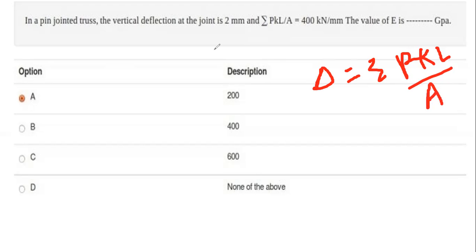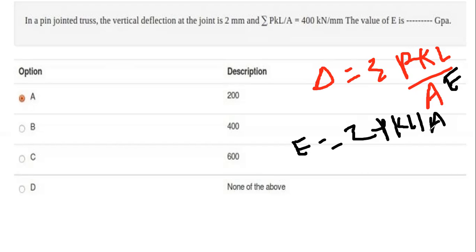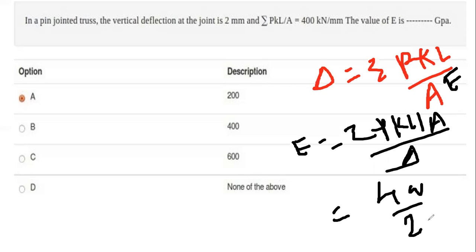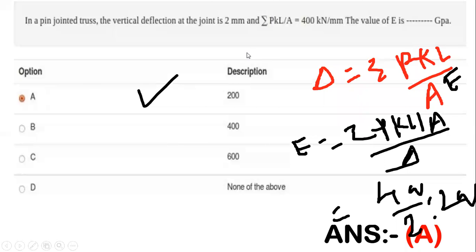Here we have to find E, which is summation PKL by A divided by delta. The summation is given as 400, divided by delta, which is 2. So the answer will be 200. Option A is the answer. 200 is the answer. Thank you.